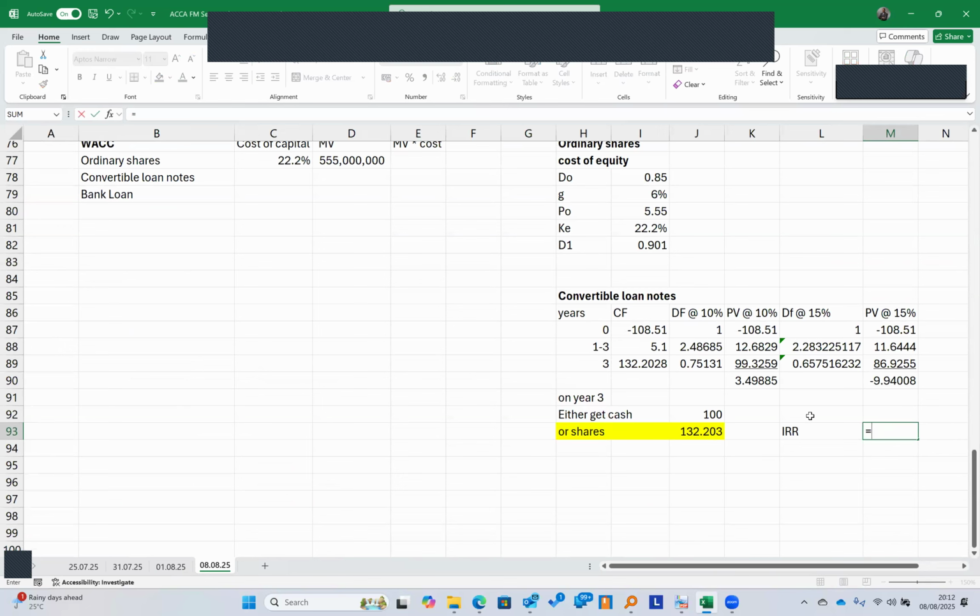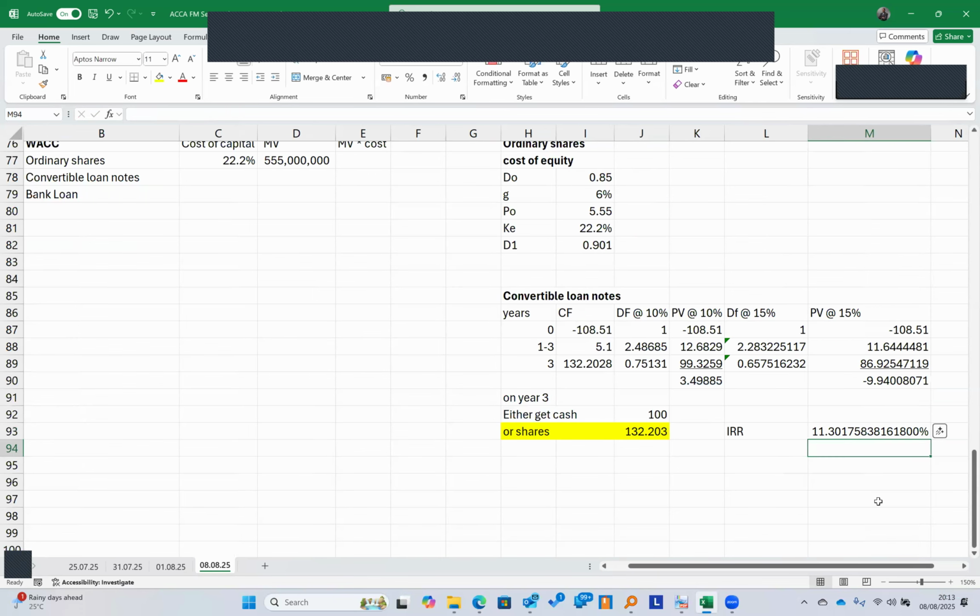It's going to be given as the lower rate, which is 10%, plus NPV at the lower rate divided by NPV at the lower rate minus NPV at the higher rate, multiplied by the difference between the higher rate and the lower rate, which gives us 11.3%.